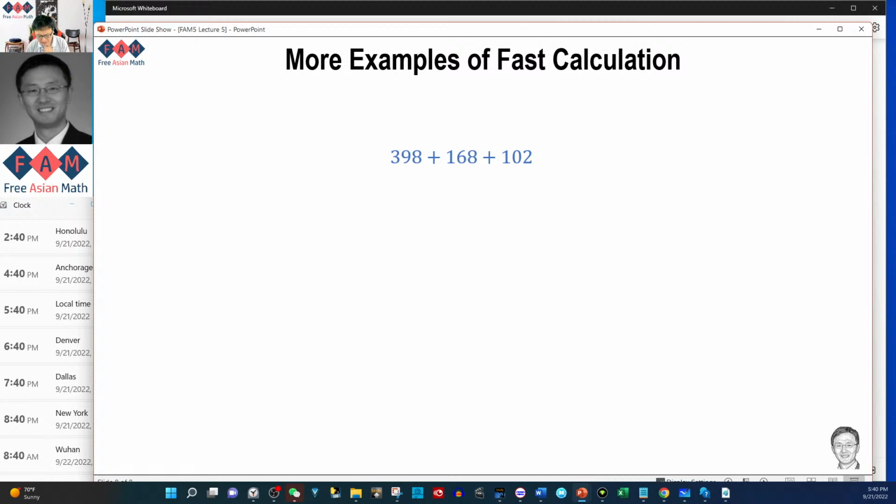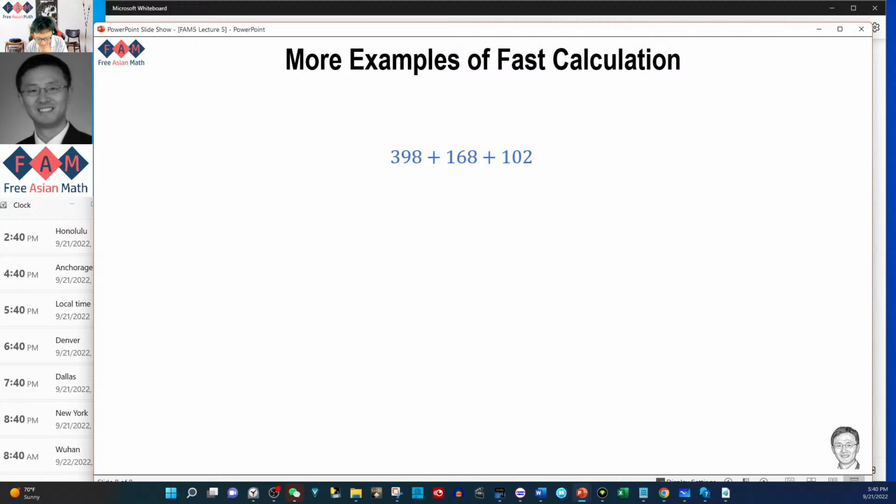But a careful or smart student would observe that you can change the order of the addition. You add the first and the third first. Why? Because it's very obvious that they complement each other. You have 98 and then you have 2, they add up to 100.